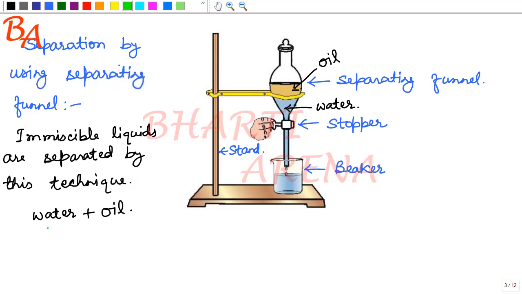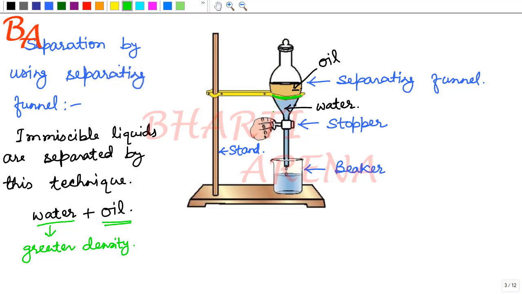We know that the density of water is greater than that of oil. Since the density of oil is less, therefore oil will float over water. So there is a separating layer between these two liquids.